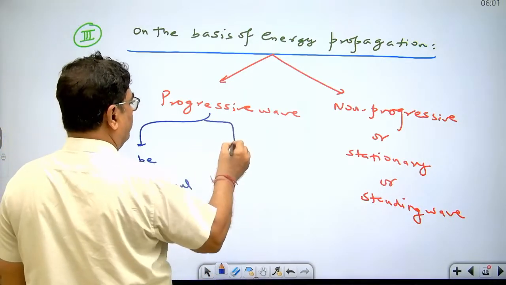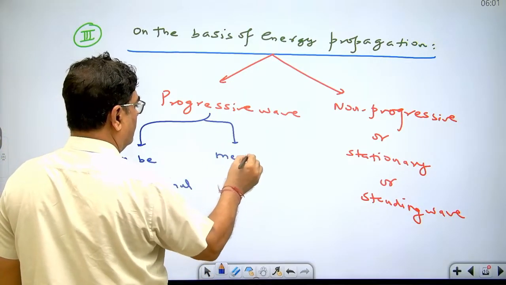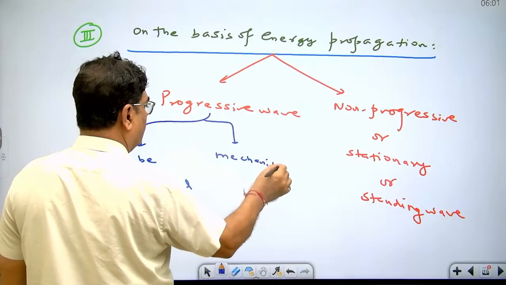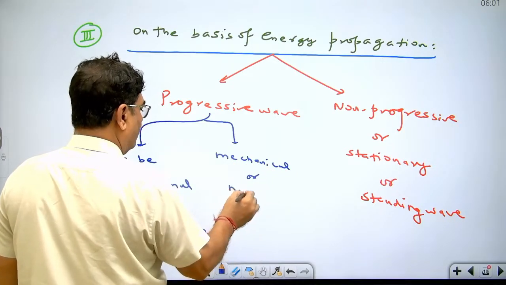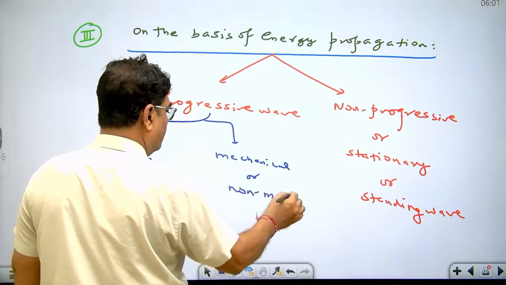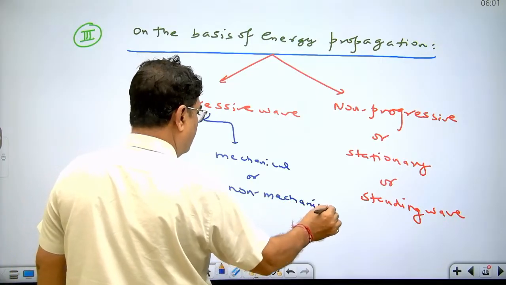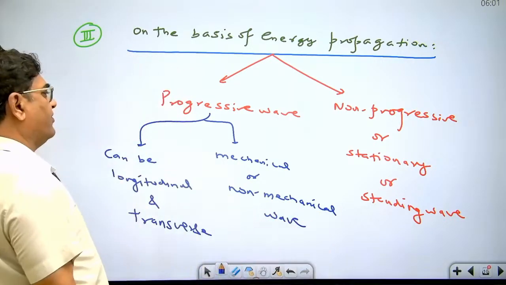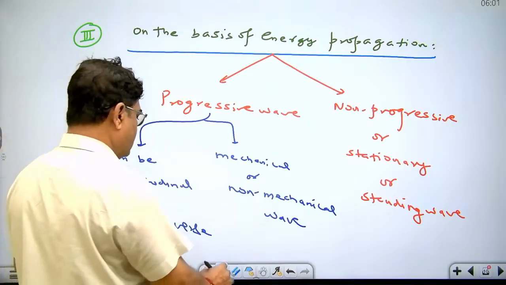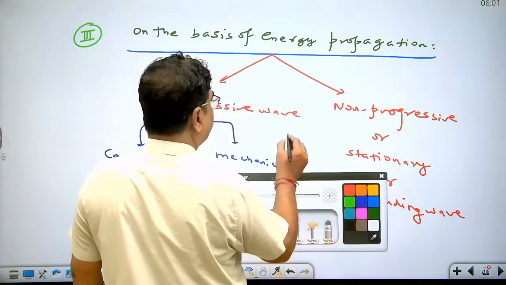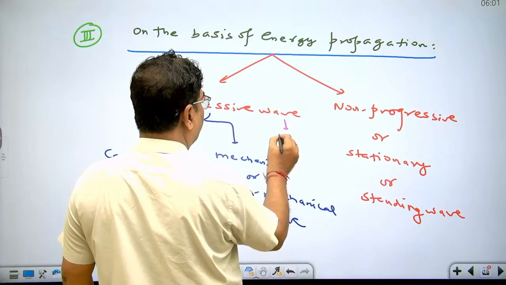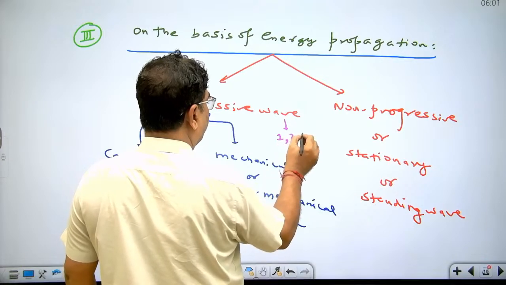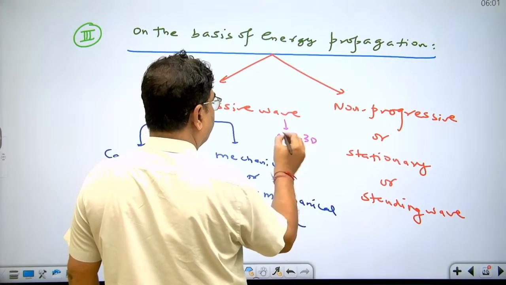Progressive wave can be mechanical or non-mechanical wave. Progressive wave can be one-dimensional, two-dimensional, and three-dimensional wave, 1D, 2D, and 3D.